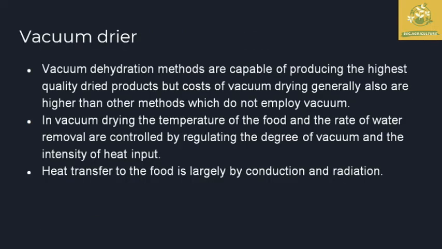And the next one is the vacuum dryer. Vacuum dehydration methods are capable of producing higher quality dried products than any other dryers, but the cost of vacuum drying is higher than other methods which do not employ vacuum. In vacuum drying, the temperature of food and the rate of water removal are controlled by regulating the degree of vacuum and the intensity of heat input, and the heat transfer to the food is largely by conduction and radiation.